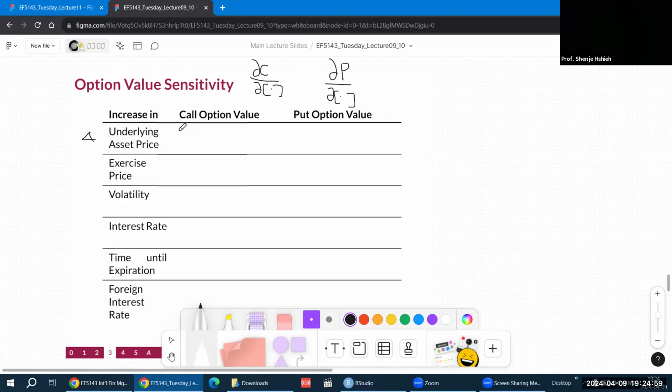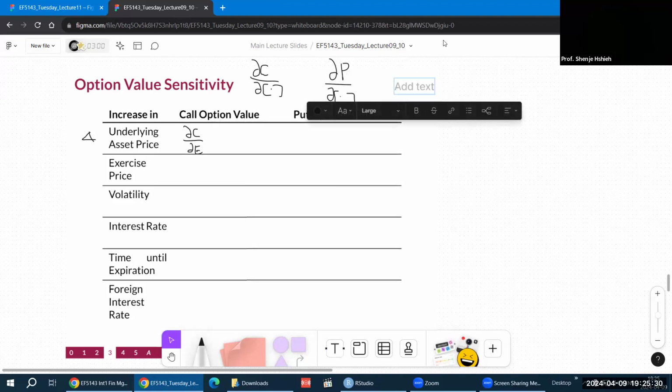So I'm going to ask you, just think about all of this intuitively. What happens to the value of call or put options when I increase certain parameters by an infinitesimal amount? Let's think about what happens to the call price when I change the underlying asset price E. Remember, I'll put this up on top to refresh your memory.